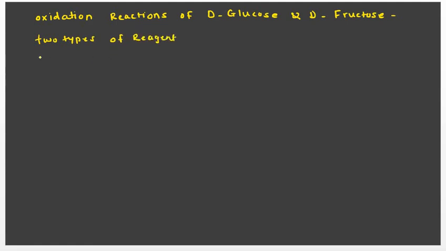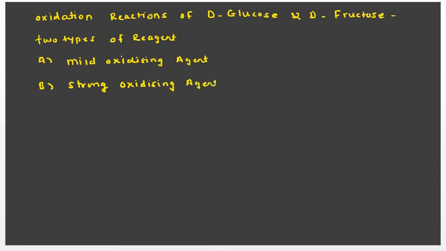The first one is a mild oxidizing agent, and the second one is a strong oxidizing agent. The example of a mild oxidizing agent is bromine water.